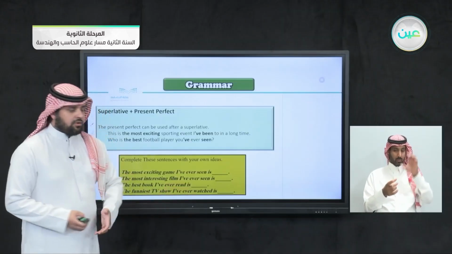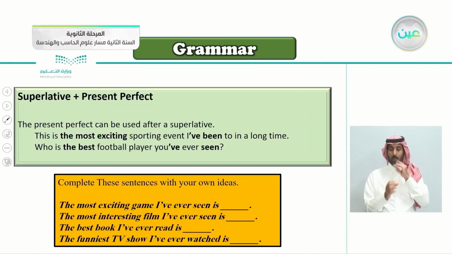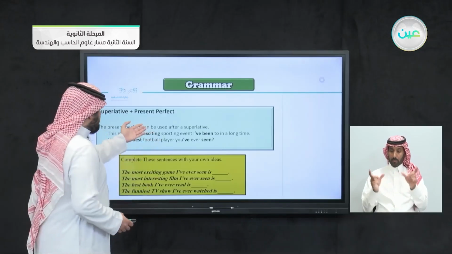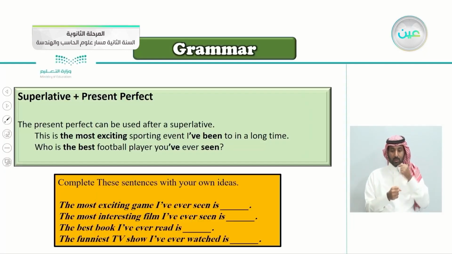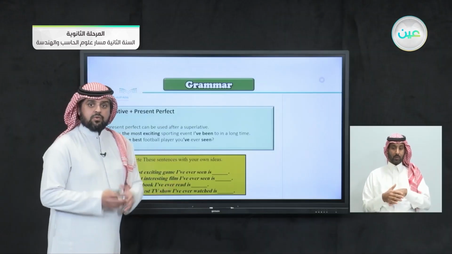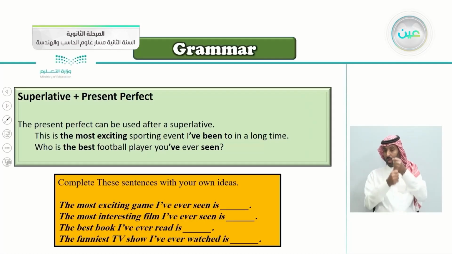The most exciting game I've ever seen is, so this is the superlative, the most exciting game, and the present perfect is I've ever seen. So you can combine them together. The most exciting game I've ever seen is maybe football, maybe the World Cup final, and so on.